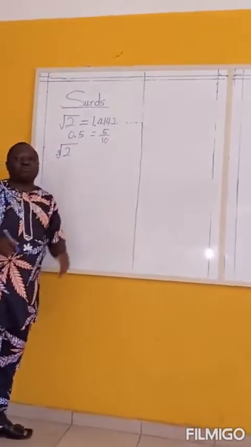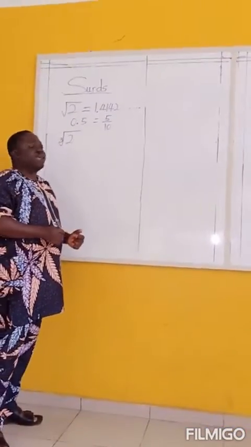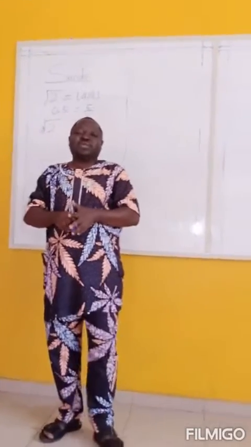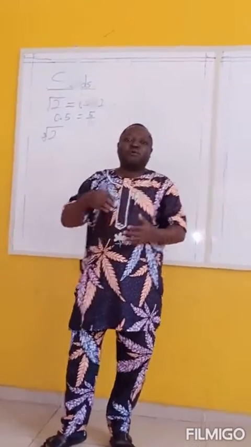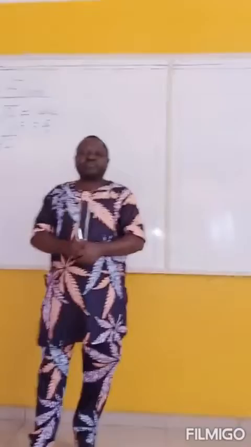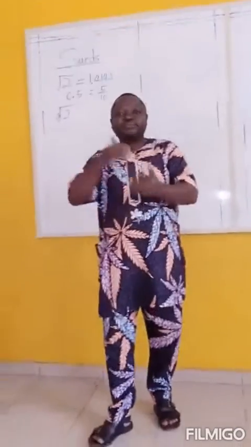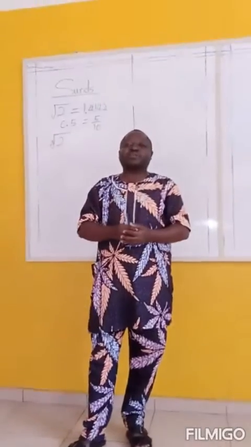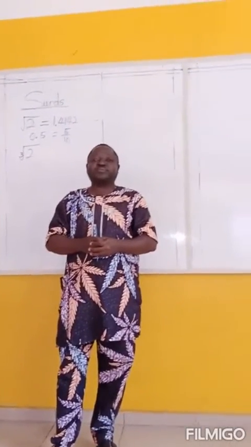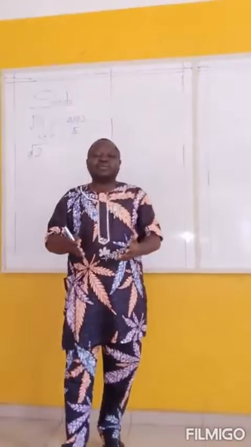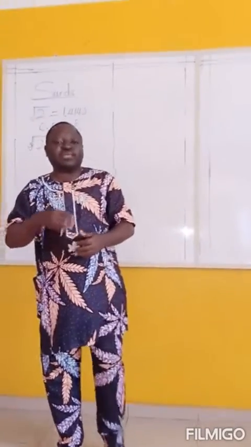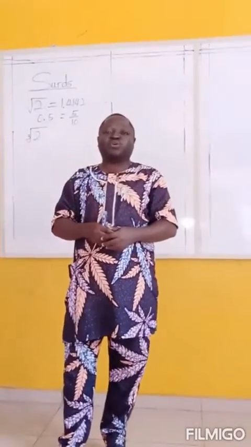Now, having known what surd is, how can we perform operations on surd? Operations like addition, subtraction, multiplication, and division. Just like indices and logarithms, there are some rules that guide the operation with surds.